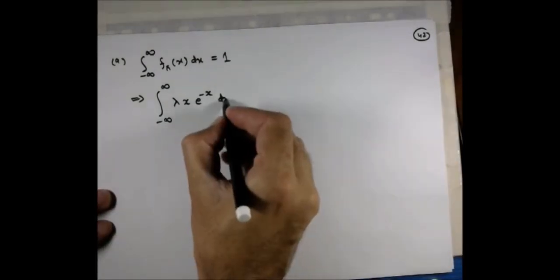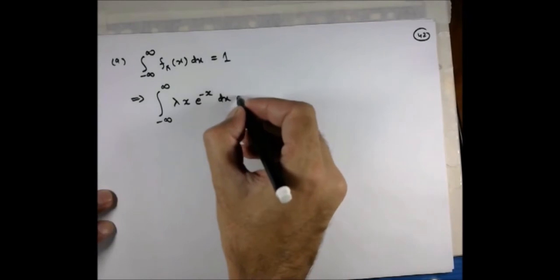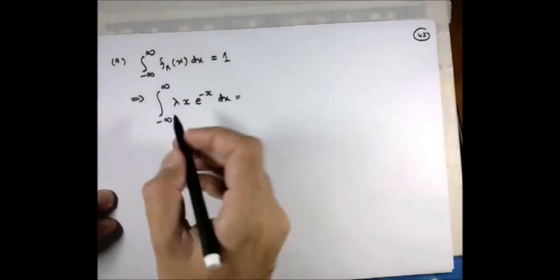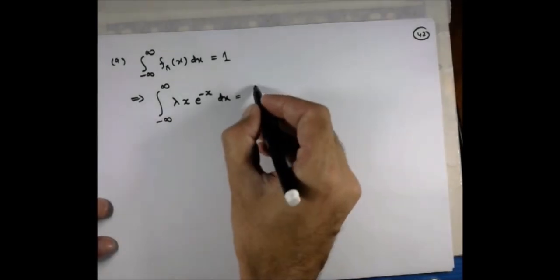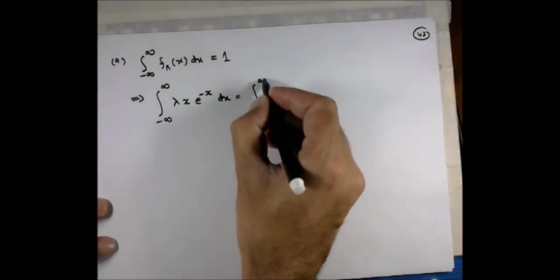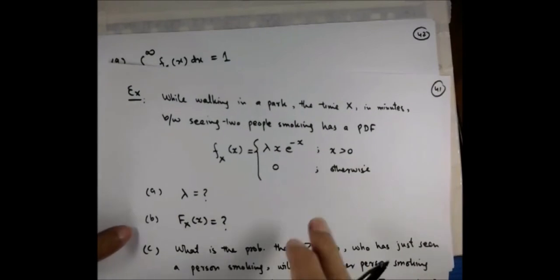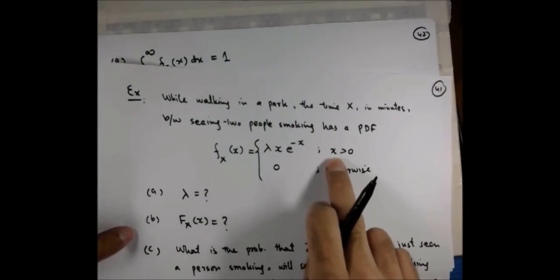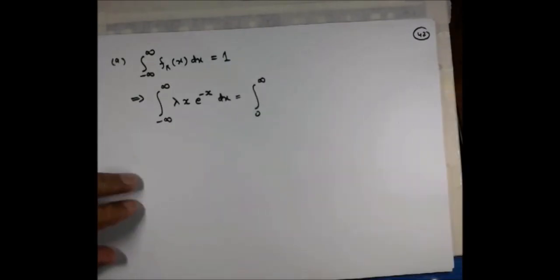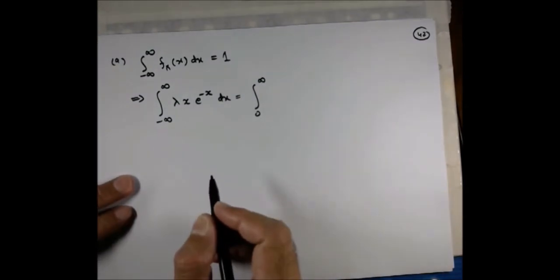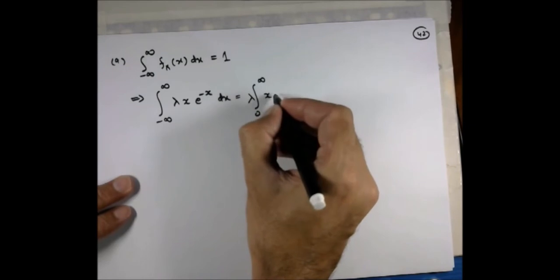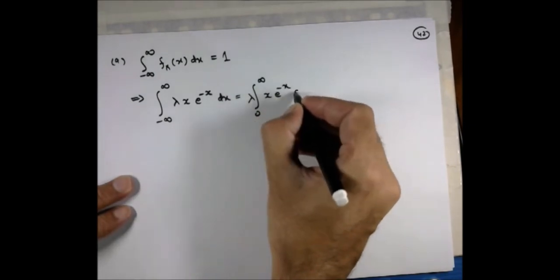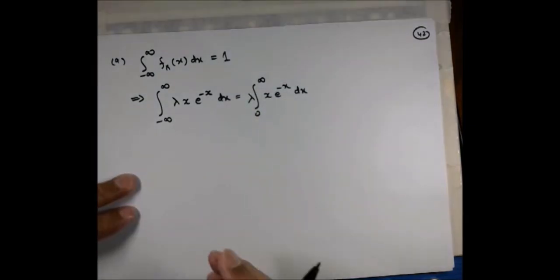And you integrate it and you ultimately evaluate it equal to 1. So you will have lambda out and you will have the value of lambda. But the meaningful interval is from 0 to infinity, because your x is going from 0 onward. So minus infinity till 0, the integral is obviously 0. And you take lambda out, the rest is x e raised to power minus x dx.